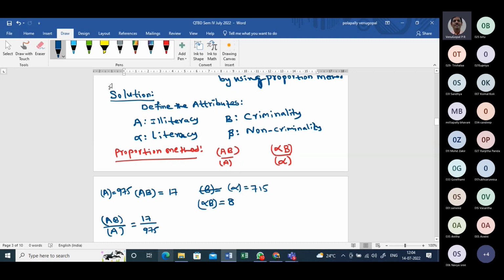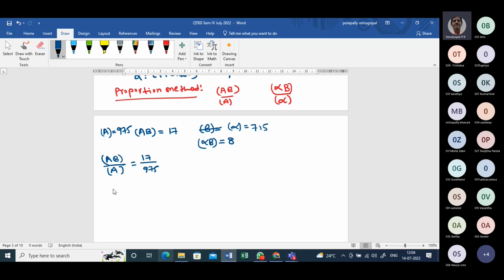Is that okay? Alpha B divided by alpha. How much?